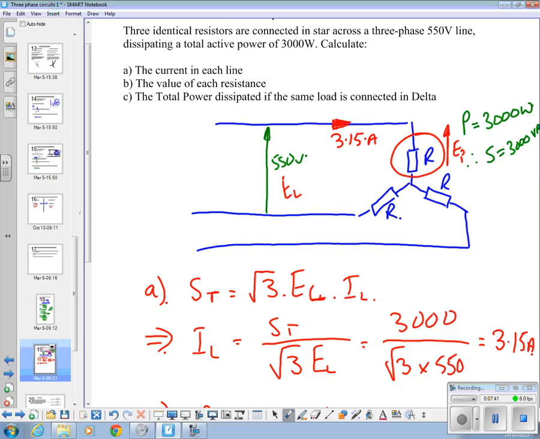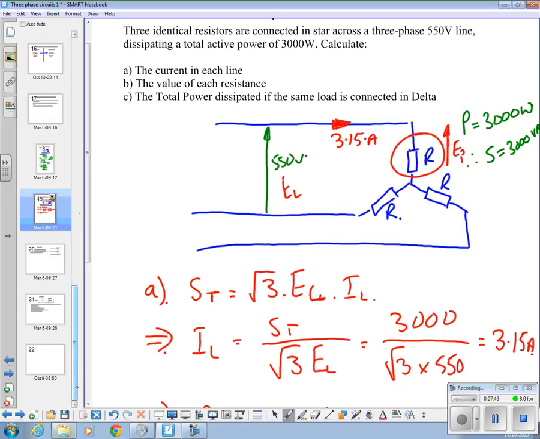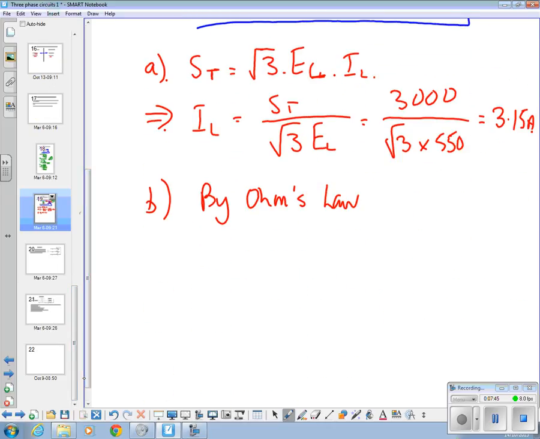So, by Ohm's law, R is equal to E phase over I line, because I line and I phase in a star connected system are the same.